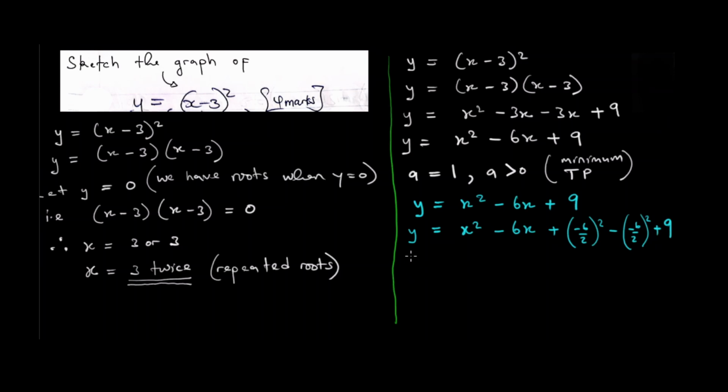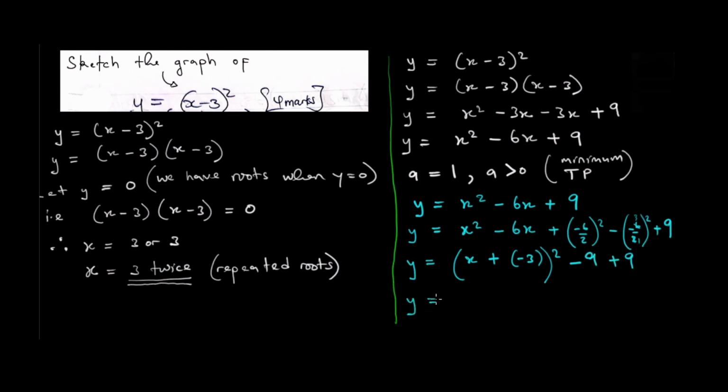So y is equal to, we take the first and third terms together, x plus half of minus 6 which is minus 3, so it's x minus 3 squared, then minus minus 3 squared, the 9, so it's minus 9 plus 9.